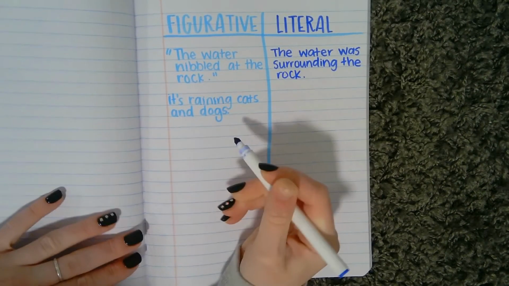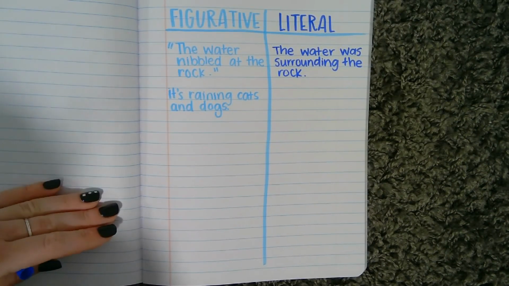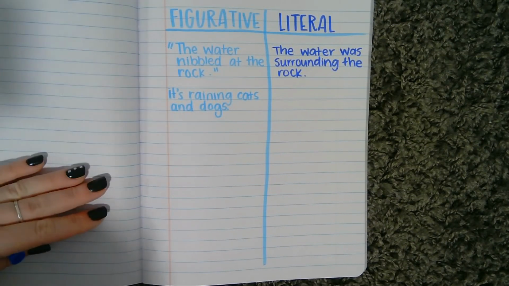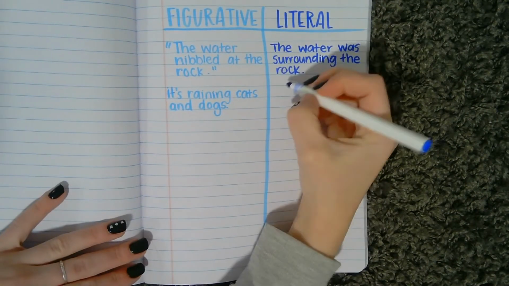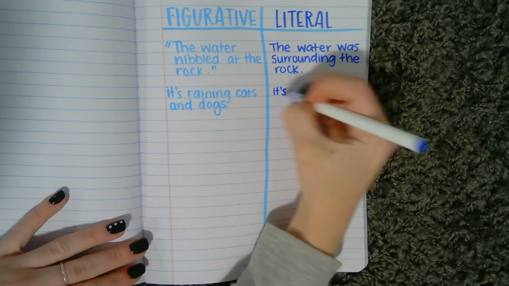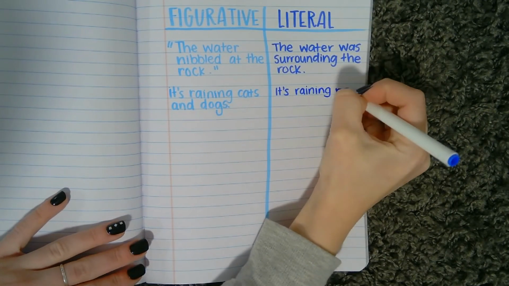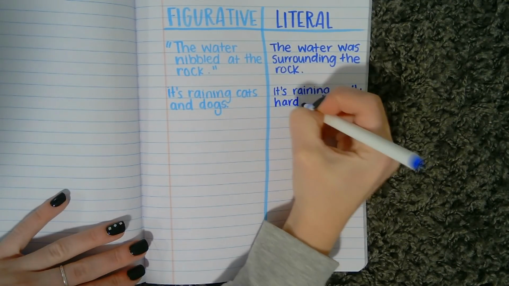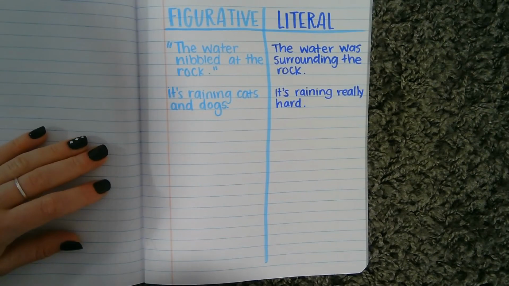And then it's raining cats and dogs. Think about that. If someone's like, it's raining cats and dogs outside, do you think that means it's raining a little bit or raining a lot? I agree. I think it means it's raining really hard. So that's what I'm going to put. It's raining really hard.